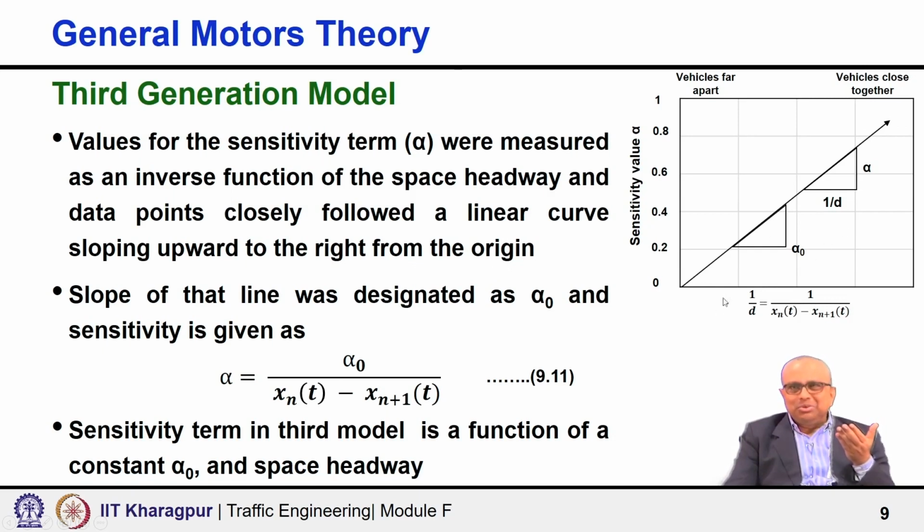That you can see here, that is what I have shown. So, this x axis is 1 by d, d is the distance or spacing. When the distance is higher, spacing is higher, then the 1 by d will be a lower value, and your sensitivity value will also be lower.